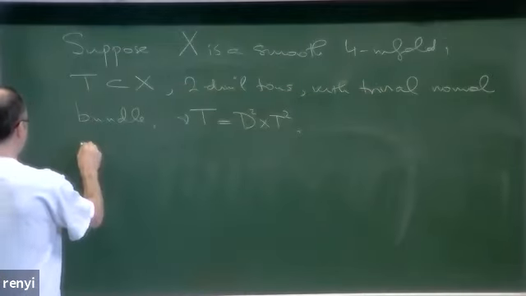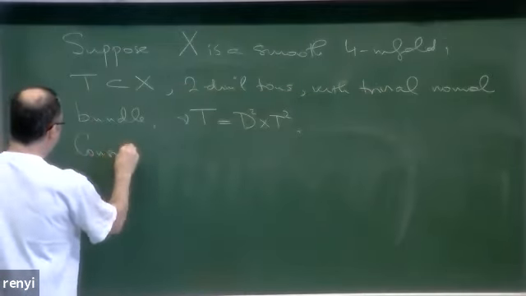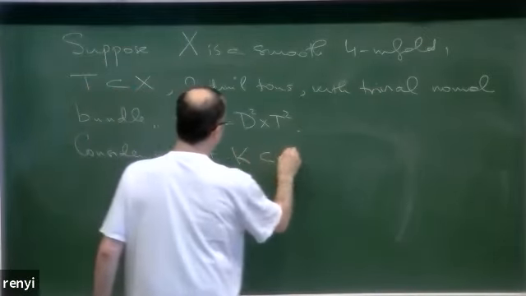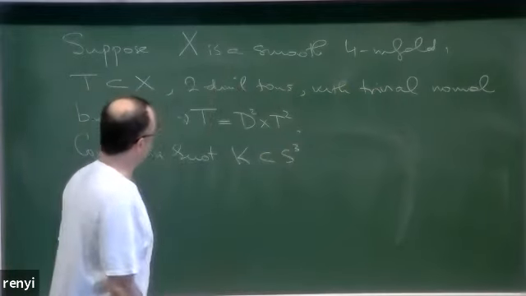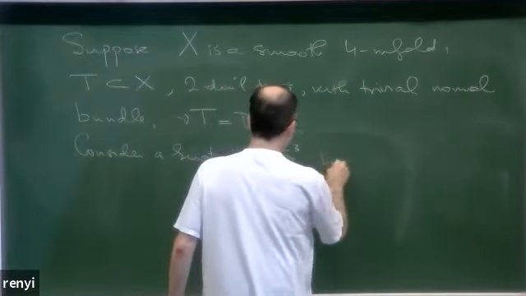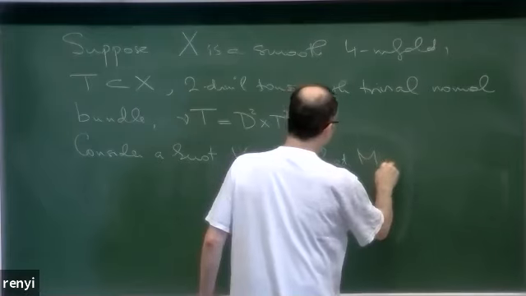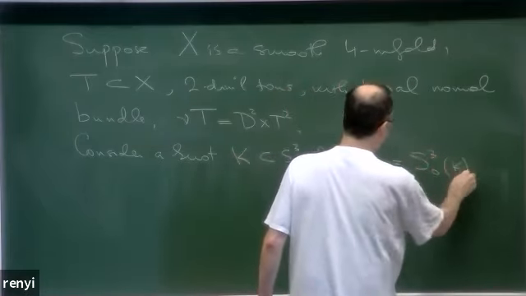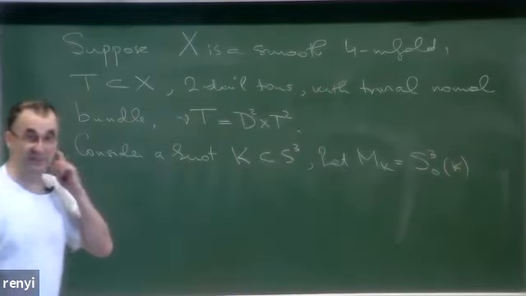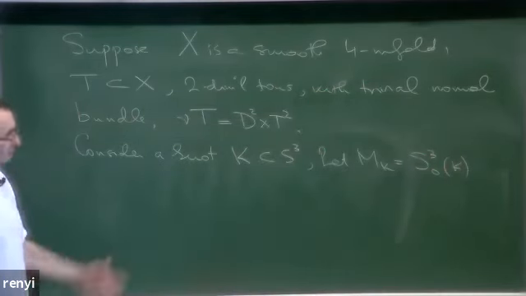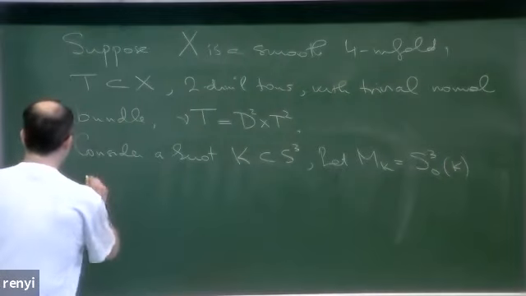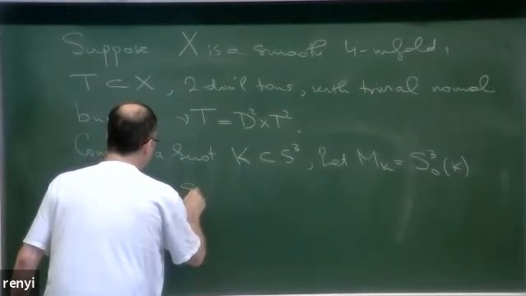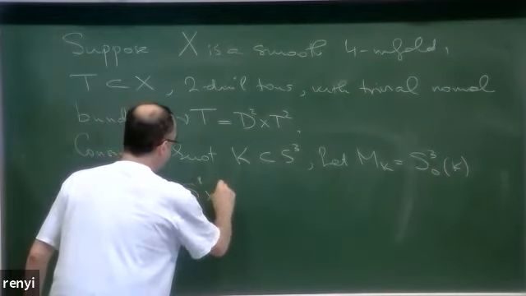So consider a knot K in S3 and let MK be zero surgery on this knot. So this is a three-dimensional manifold, and consider S1 cross MK.